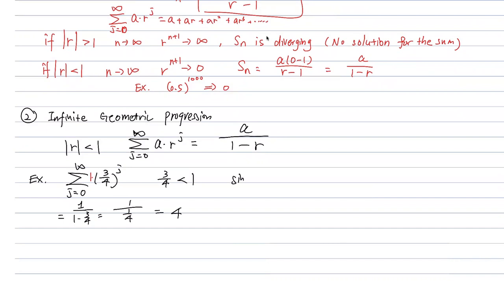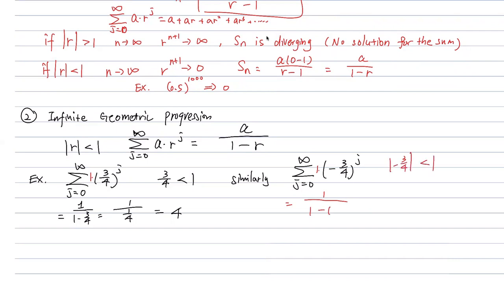Now, similarly, if you have a negative, it's the same idea. If I have sigma of j going from 0 to infinity of negative 3 over 4 to the j's power, still the same, your initial value is going to be 1. So this will equal 1 over 1 minus negative 3 over 4, since the absolute value of negative 3 over 4 is still less than 1.